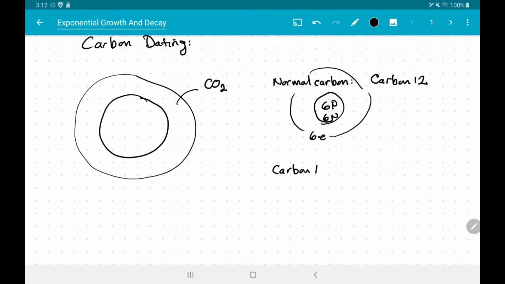Carbon-14 has 6 protons, but it has 8 neutrons. The protons still attract 6 electrons, so chemically carbon-14 is identical to normal carbon, but it has those 2 extra neutrons in its nucleus, and it will spontaneously break apart because it's unstable to have that many neutrons in the nucleus.